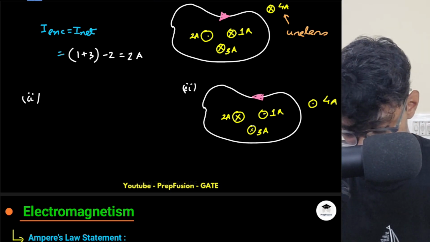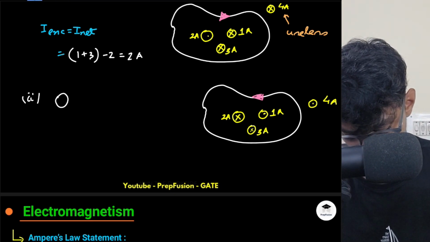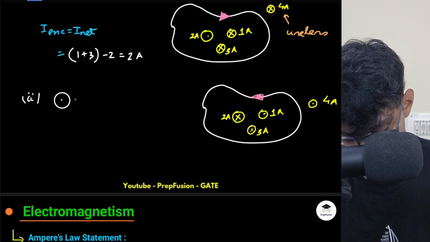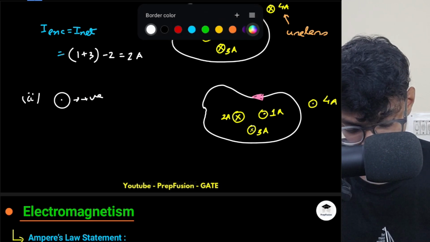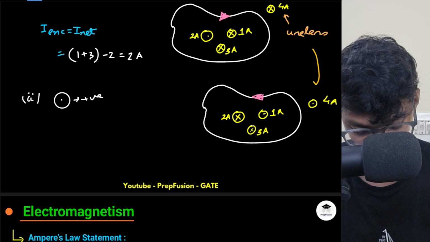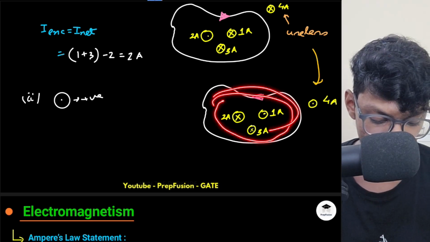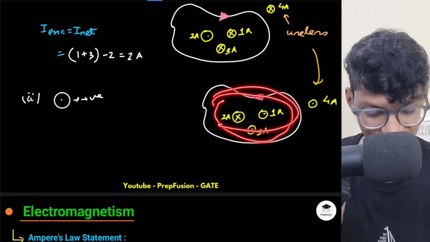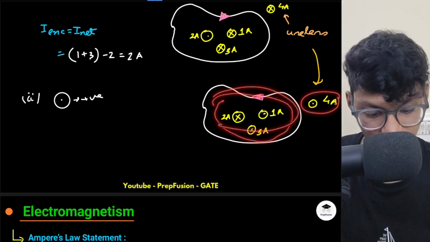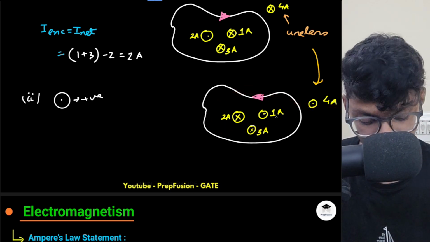So this time dot will be the positive direction. And this 4 ampere will again be useless, because it is not crossing the cross section of the Ampere loop. This is the bounded area that the curve is bounding, and the 4 ampere is not bounded by this area. So I will ignore this 4 amperes and only write this.